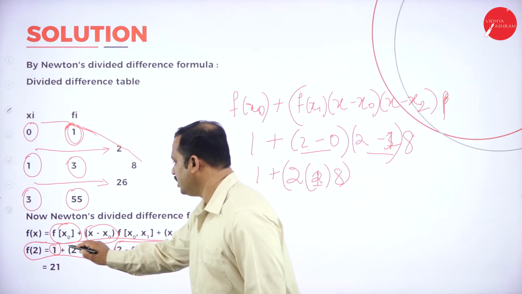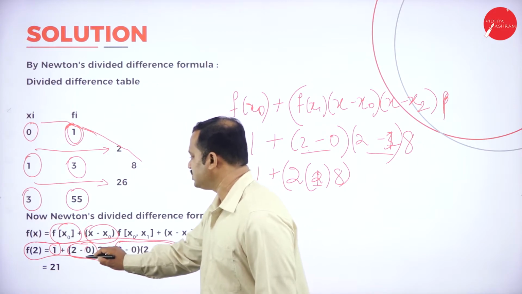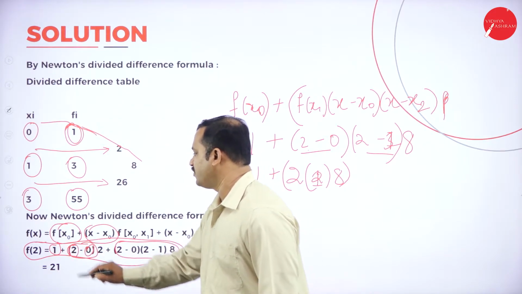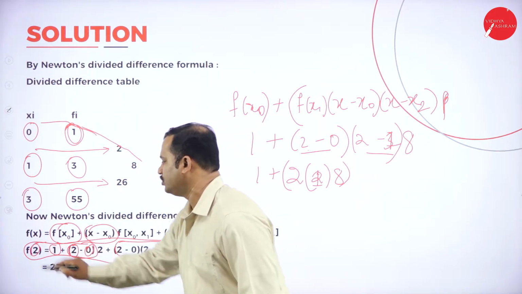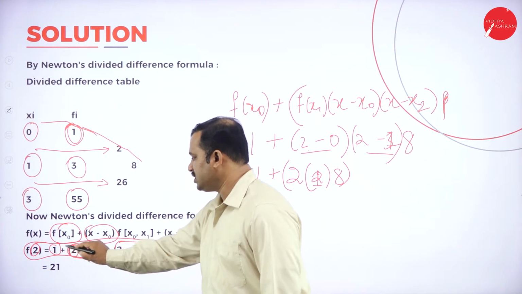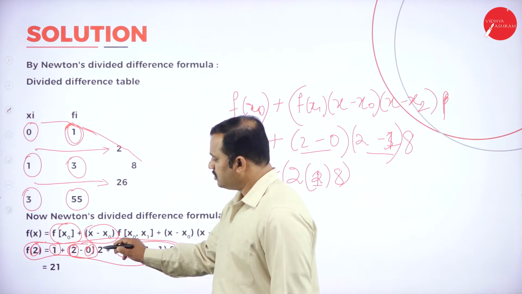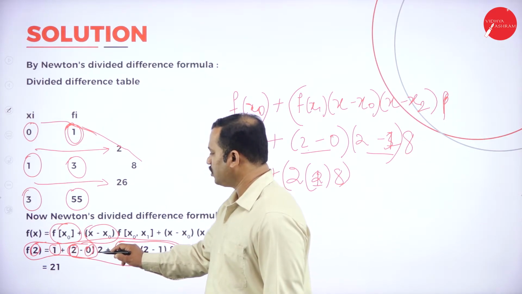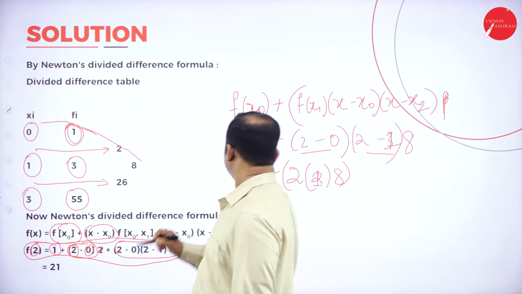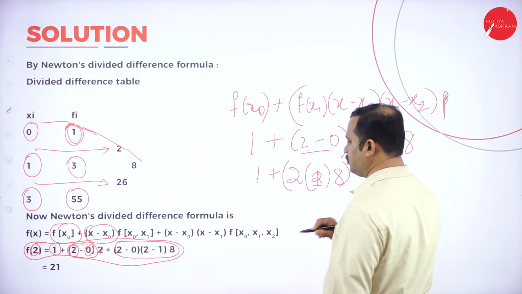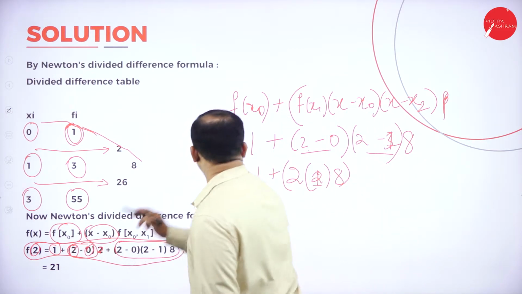This is the case, x minus x0. What is x0? It is 0. What is the value of x? It is 2. We want to find the value at 2 here. Then f of x0 plus x minus x0 into f of x0. What is the value of this? It is 2. So this has to be multiplied by 2.